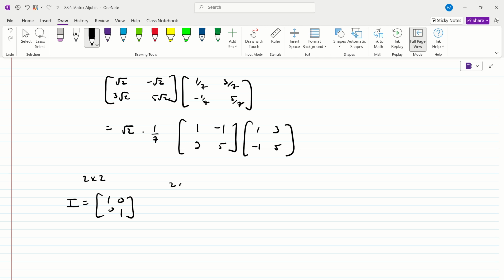If you're talking about 3 by 3 matrices, the matrix I is going to be the matrix of size 3 by 3 with ones along the main diagonal and zeros elsewhere. And so on for 4 by 4s, 5 by 5, 6 by 6s, right? And these matrices are called the identity matrices.